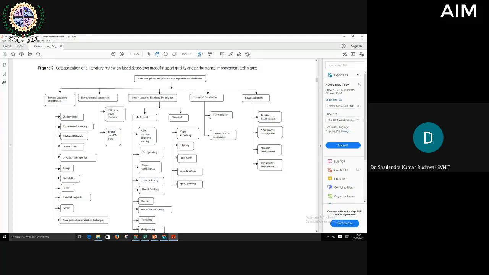Actually, FDM printed parts do not have an excellent surface finish, and another problem is that they do not have good mechanical strength, and these parts are anisotropic. So how can the properties of these materials be improved? Properties of printed parts can be improved by optimal setting of process parameters, and by improving the machine so that we get excellent results.